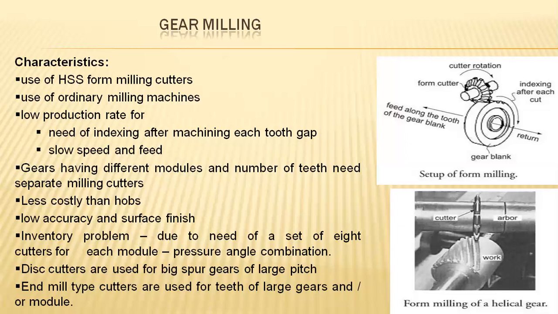And even there is an inventory problem because in order to get a set of 8 cutters for each and every module, we're maintaining a pressure angle combination. With the maintenance of this pressure angle combination, there's a slight deviational errors that will be occurred.